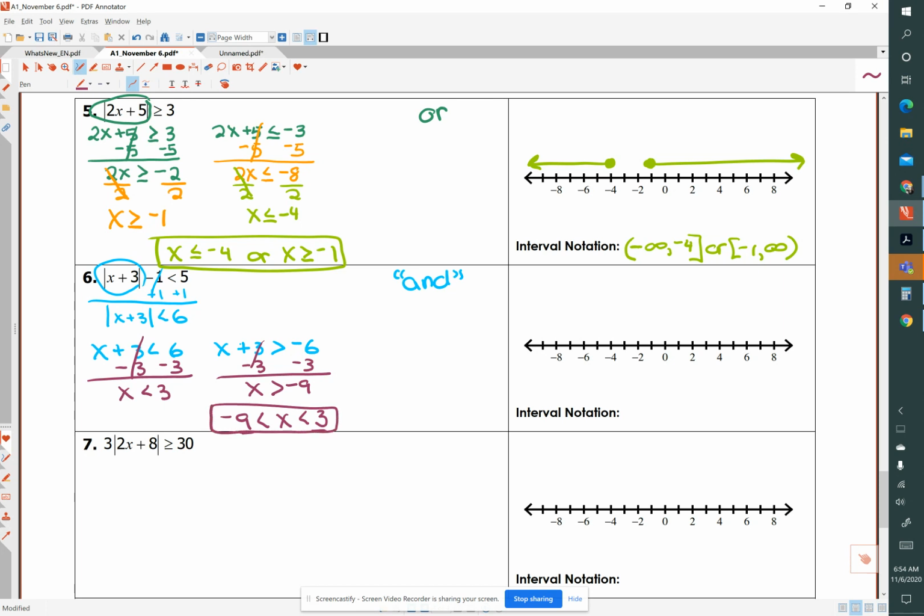So open circles, -9, 3. We connect those. Interval notation, parenthesis, -9, comma, 3, parenthesis.